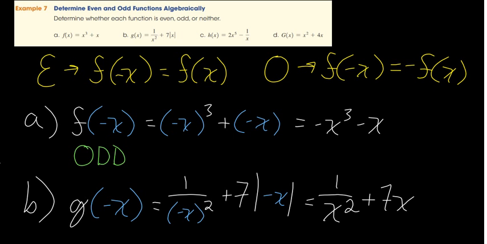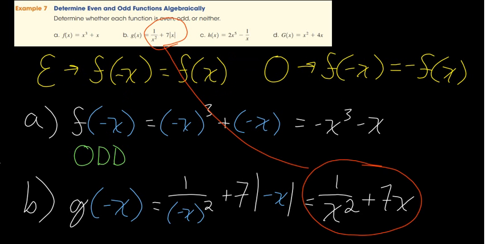Well, looking at this, is this the exact same as my original equation? It's a little tricky, but it is. Because, first of all, an even function, when I plug in a negative number, I get back my original function. Well, down here, is this the same as this?